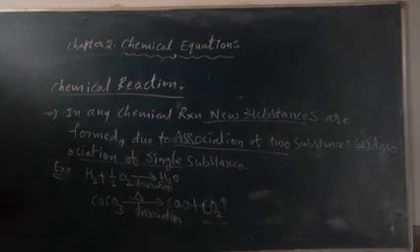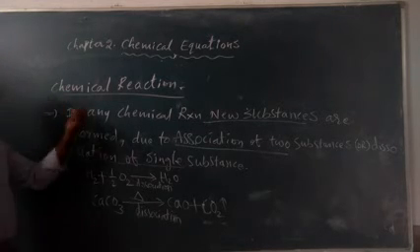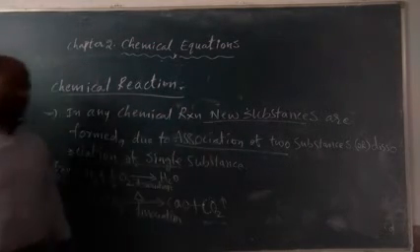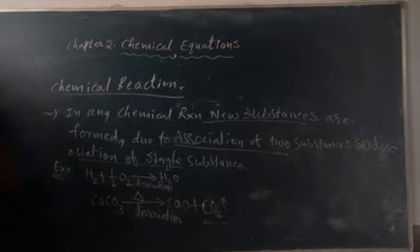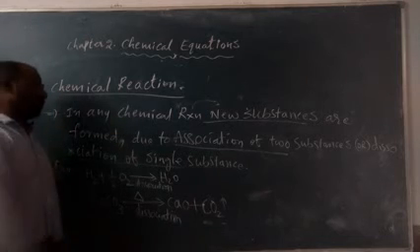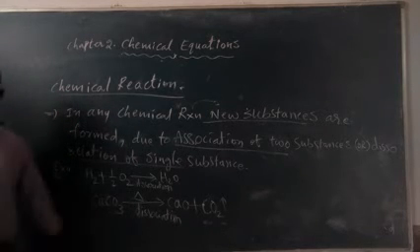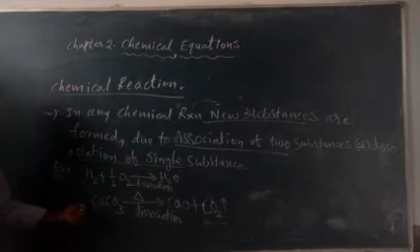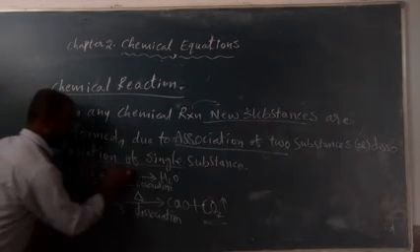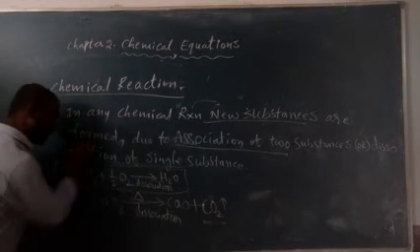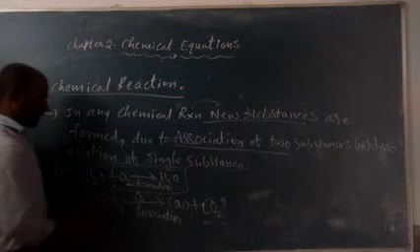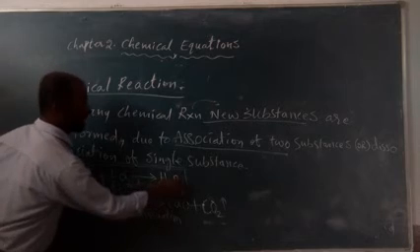Like that, any chemical reaction. What is a chemical reaction? A chemical reaction forms new substances by the association of two substances or the dissociation of a single substance. Every chemical reaction is denoted with a shorthand or symbolic representation, and that is called a chemical equation.